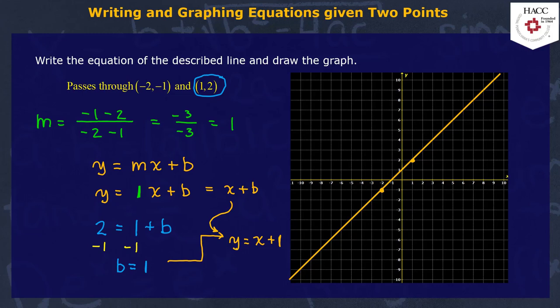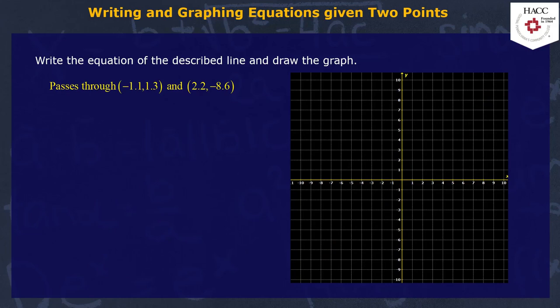On to the last example of part 2. This one here has some decimals as coordinates, but the procedure is not going to be much different than it was before. The only thing that's different is that in all the other cases, I was able to graph the line immediately. Here I could take some guesses, but it would be difficult for me to graph this precisely without guessing, because I don't have this scaled going by tenths.